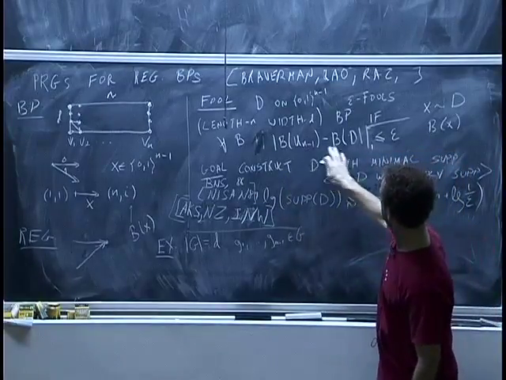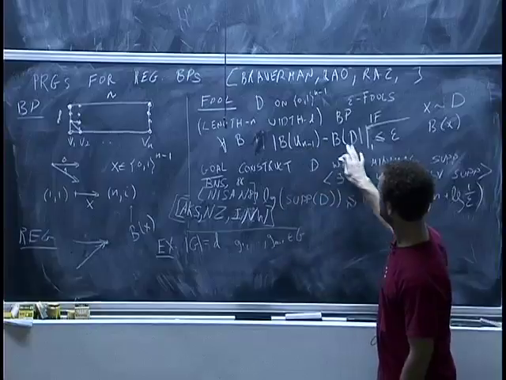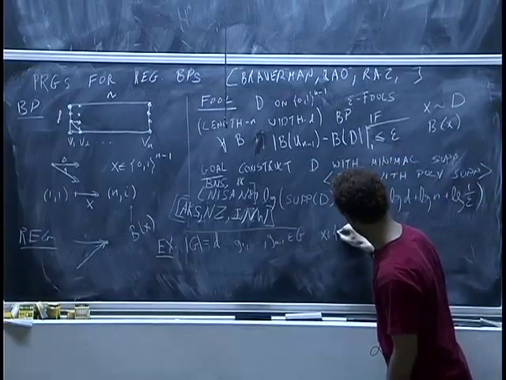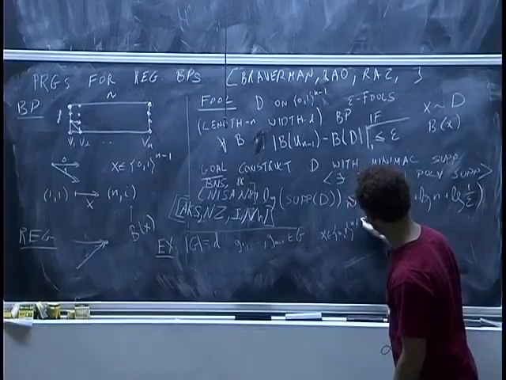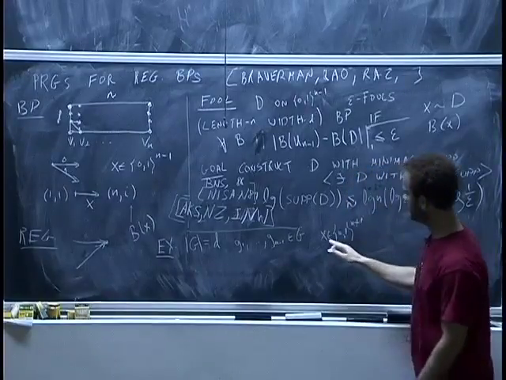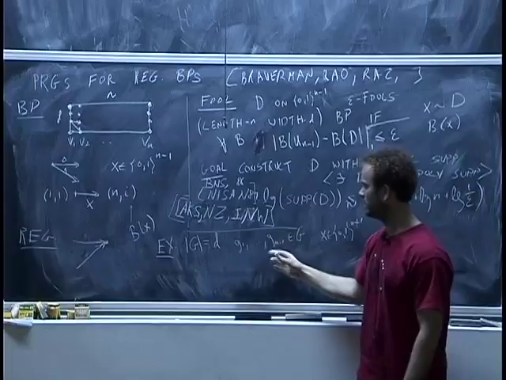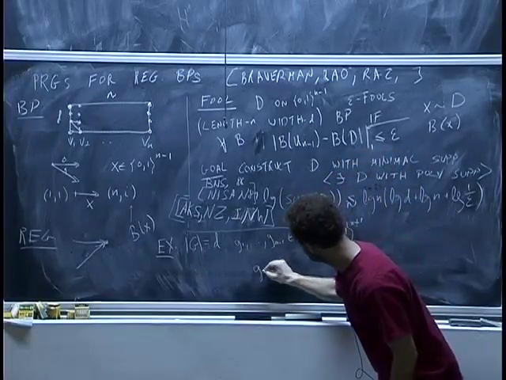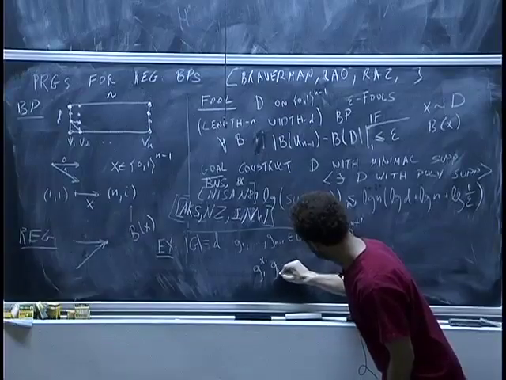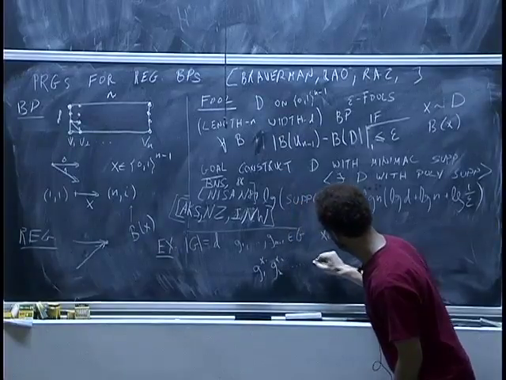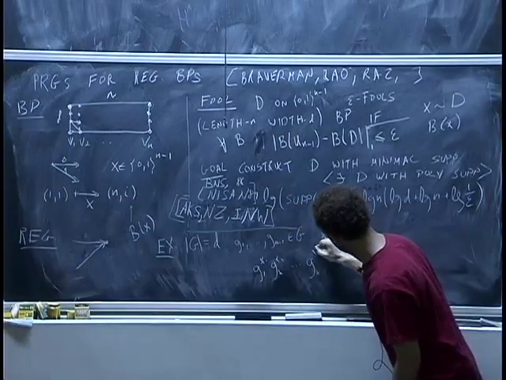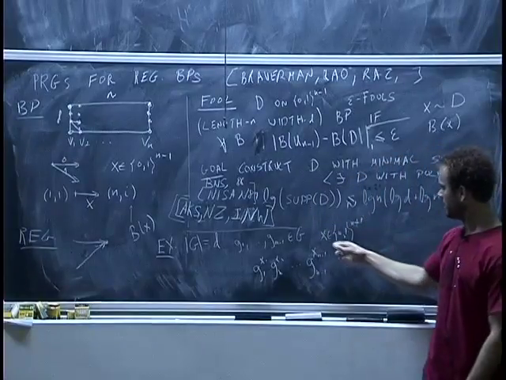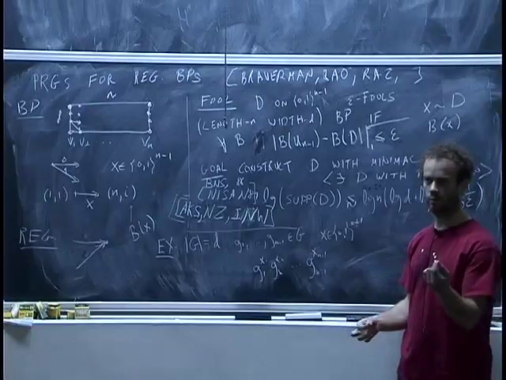And these 2 distributions will be of the form: we'll have x in {0,1}^(n-1). This x will, using these, define a function on G. So we'll have G1 to the x1, G2 to the x2, up to Gn minus 1 to the xn minus 1. This is another group element. So every x defines a group element.